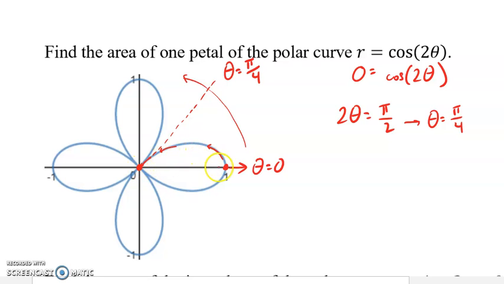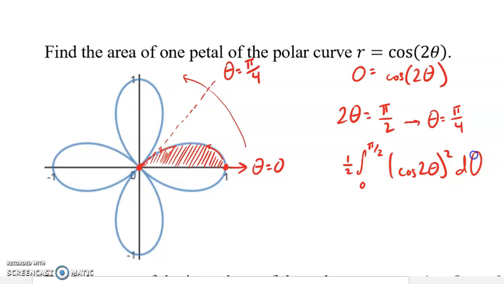So what I'm going to do is integrate from 0 to pi over 4. And that's going to find this area bounded by the curve. And then I'm going to realize that that's just half of the area I'm looking for, so I'm going to double it. So half the petal is going to be 1/2 the integral from 0 to pi over 2 of r squared d theta.